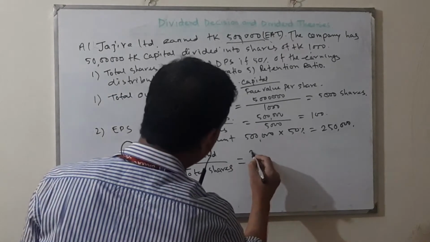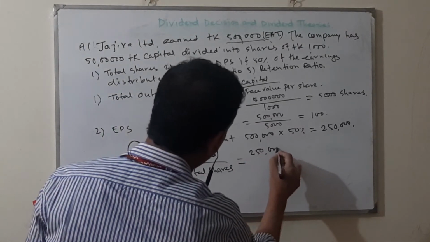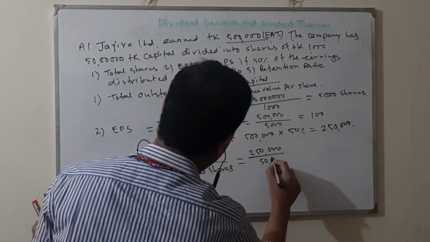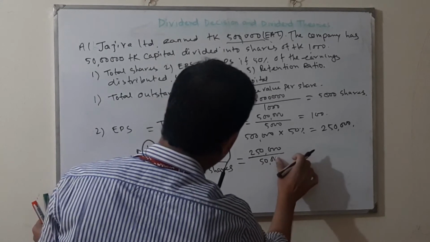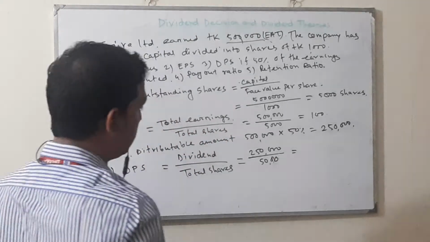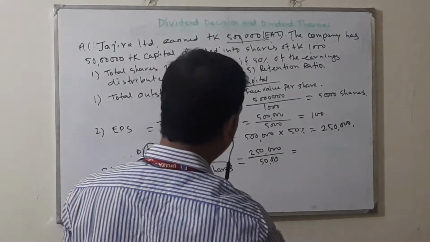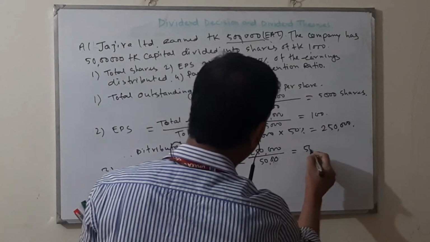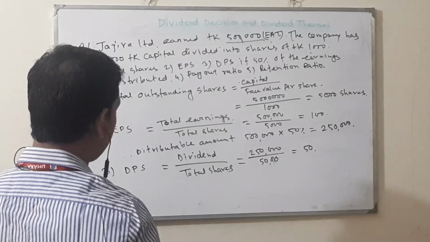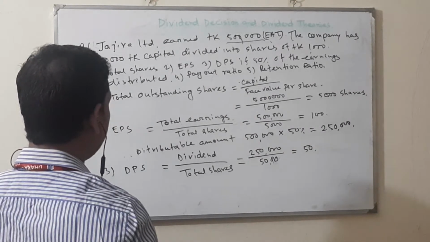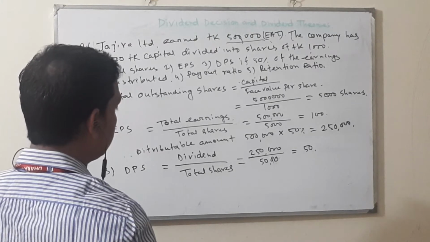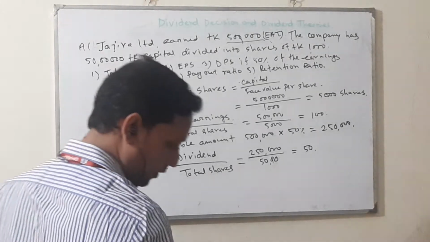Here dividend is 2,50,000 taka, and total shares is 5,000 shares. So it is 50 taka. It is 50 taka. Okay, good.